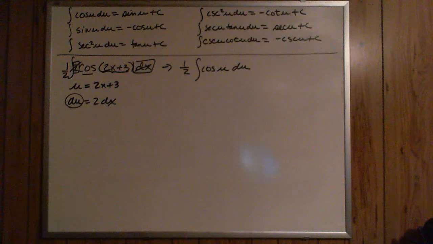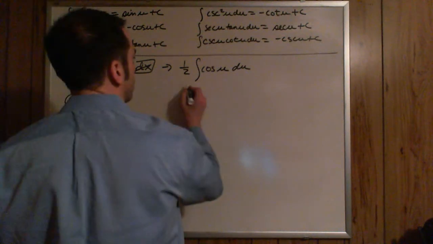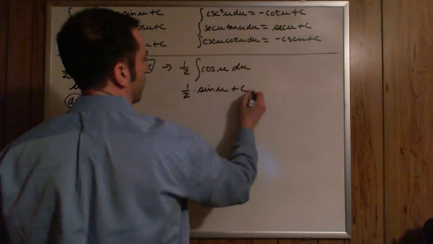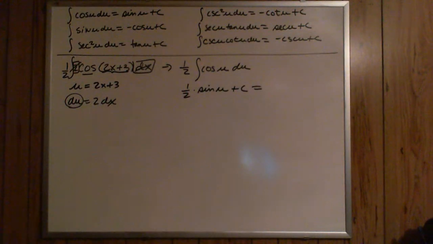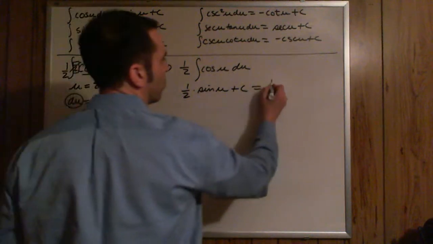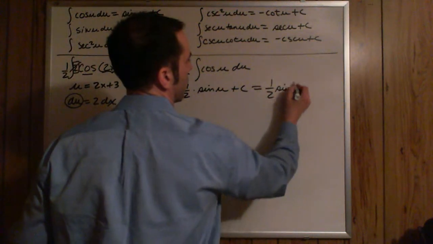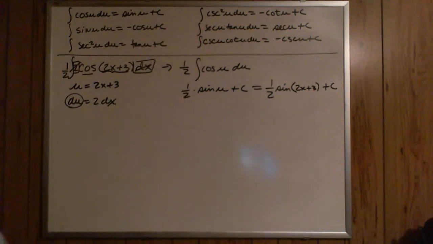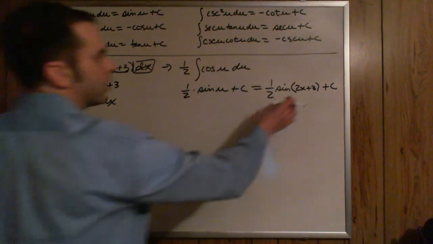So the indefinite integral of cosine u du would be equal to 1/2 times sine u plus c. And now substituting back in terms of x, I would have 1/2 times the sine of 2x plus 3 plus c.